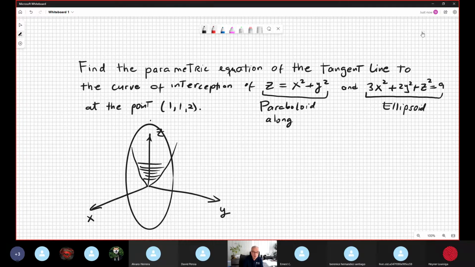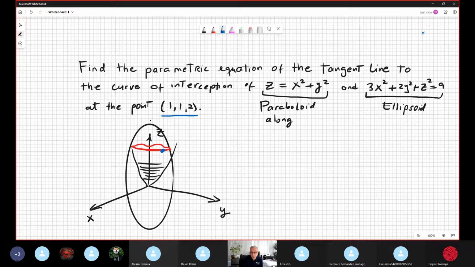And the important thing is the intersection. The intersection is a weird curve, and I don't care. Determining the equation for it is very, very complicated. The most important thing is that you have a specific point on the curve, the famous point (1, 1, 2), which you check by plugging into each equation: 1 squared plus 1 squared is 2.